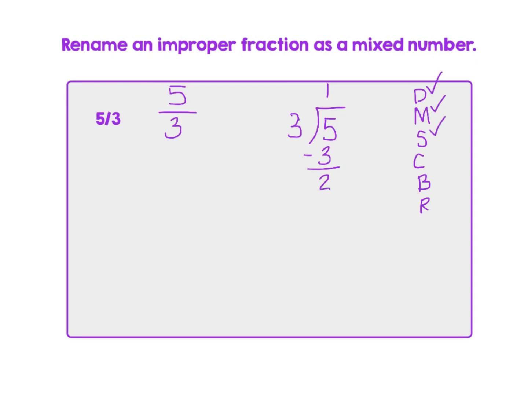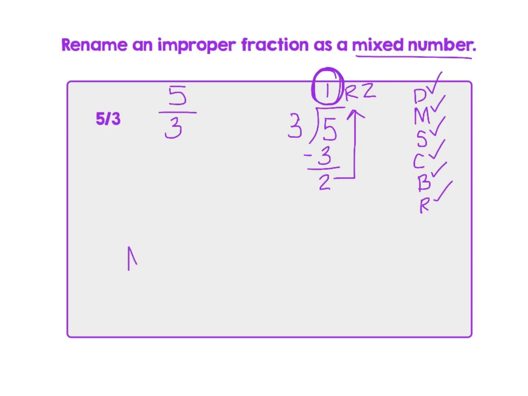Compare, is 2 less than 3? Yes, it is. There's nothing to box and bring over, and so I need to write my remainder. Now, I need to write my mixed number. That's the whole goal here, is to write a mixed number. So, my whole number in my mixed number is going to be 1.